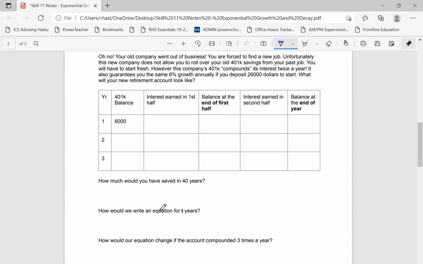This company compounds twice a year. It will also guarantee you the same 6% growth annually if you deposit $26,000 to start. So what would this look like? This should say 26,000 because you're starting there. It's a typo. I'll make sure to fix that.